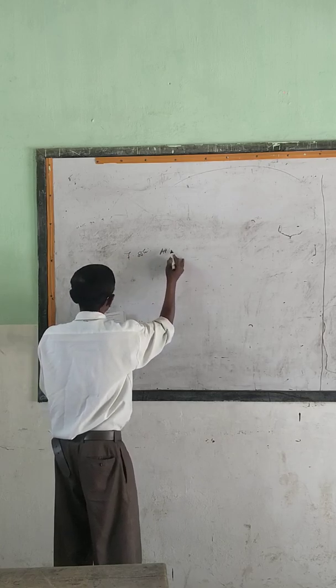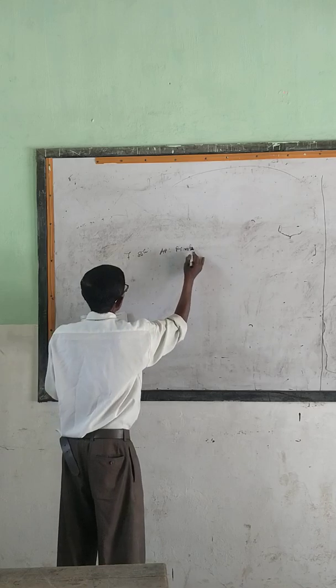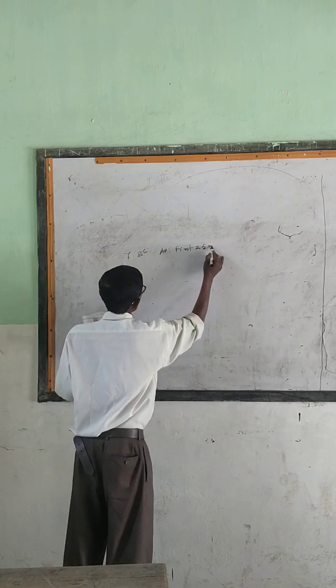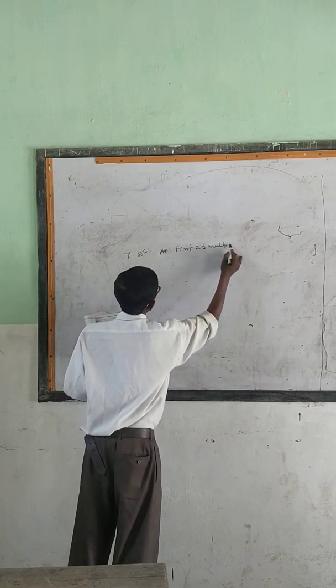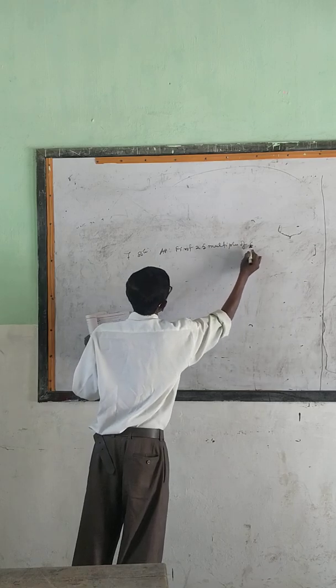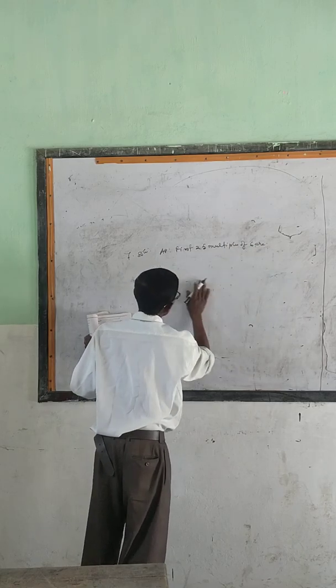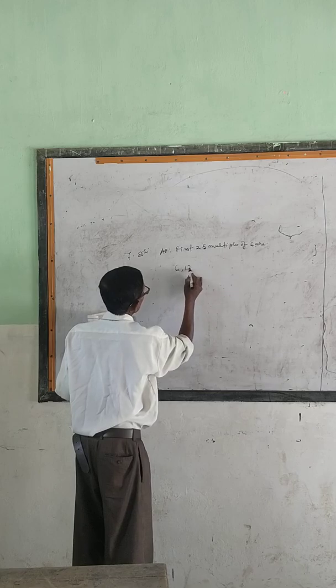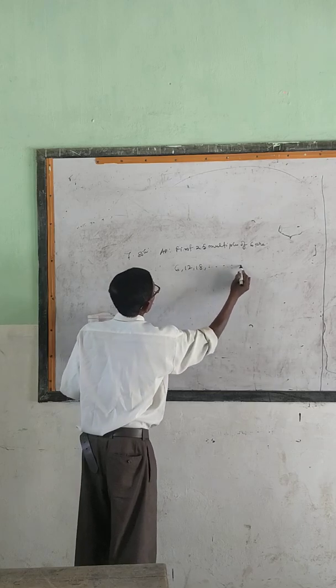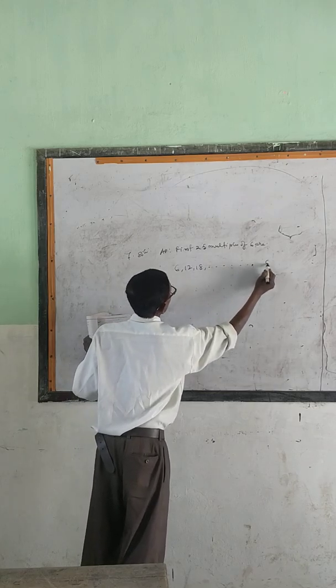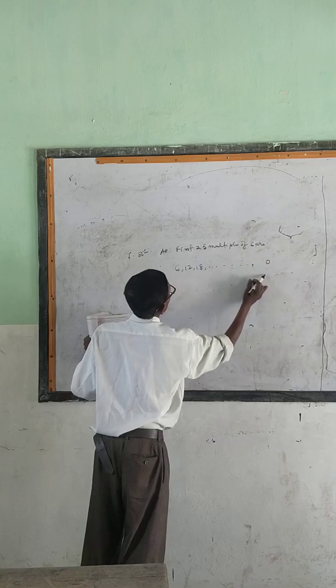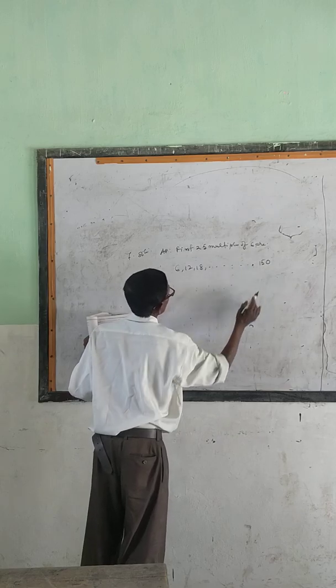AP means first 25 multiples of 6 are. That means 6, 12, 18. Last one means 6 into 25, 150. This is.